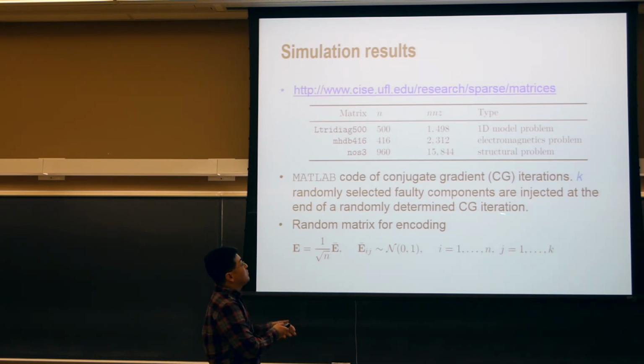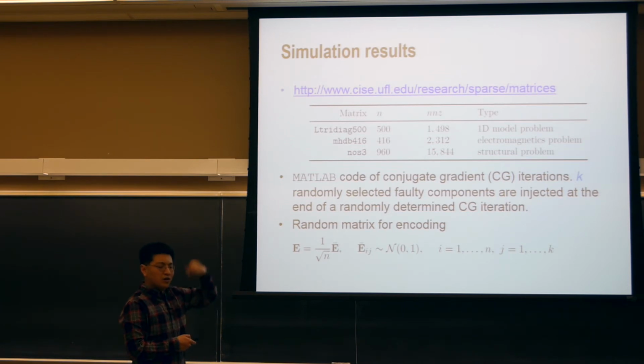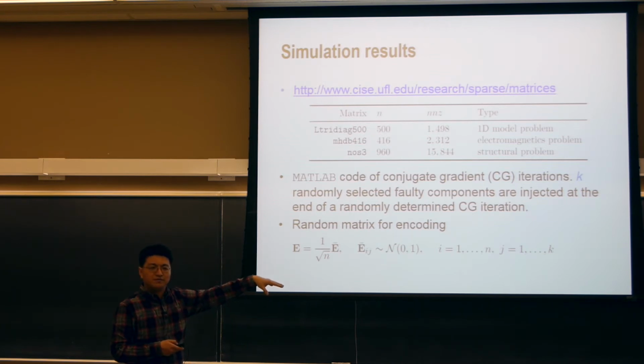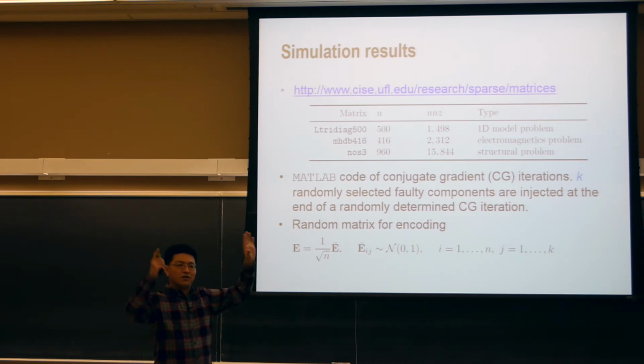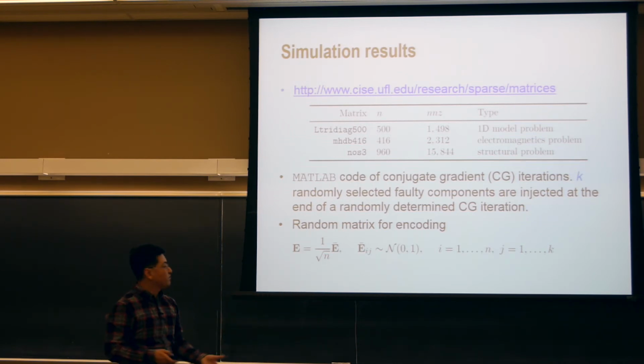And we determine when to inject these randomly selected k components at a random CG iteration. So after a certain random iteration of CG, we just pin down the values of the k randomly selected components, and then we let the rest of the components be updated using the subsystem that has survived.